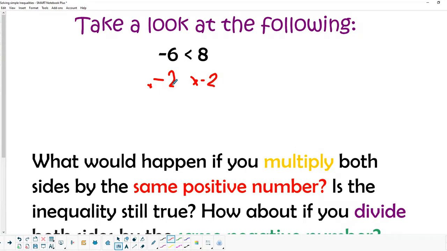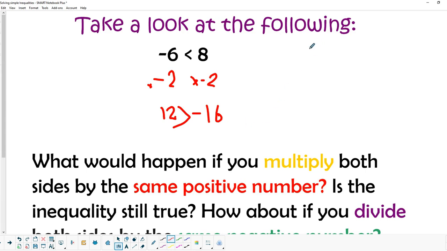Negative 2 times negative 6 is 12, and negative 2 times 8 is now negative 16. So when I multiplied by a negative number like that, it changed the signs of the numbers, and it is now true that the one on the left is bigger than the one on the right.